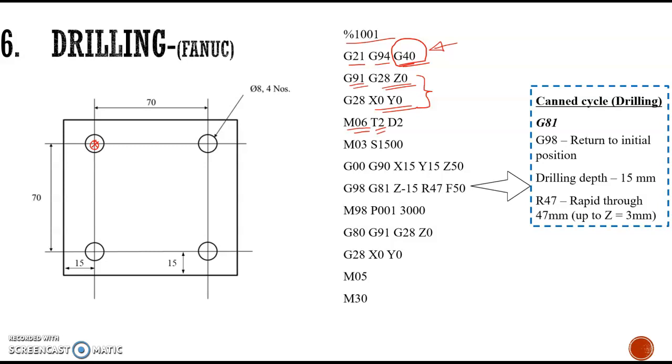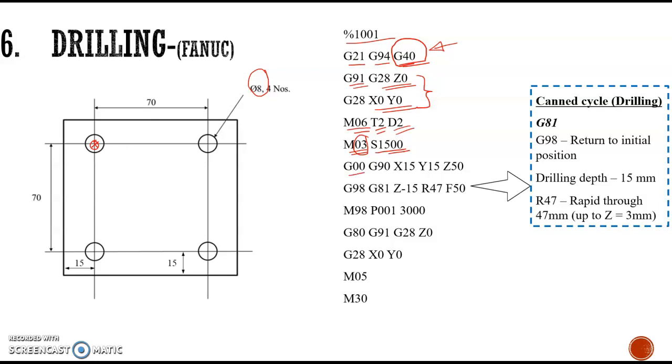That is, at T2, the tool position 2 will be our required drill of diameter 8. Then D2 is the offset address of that particular tool. Then M03 is used to rotate the spindle in the clockwise direction. Then the cutting speed is 1500.